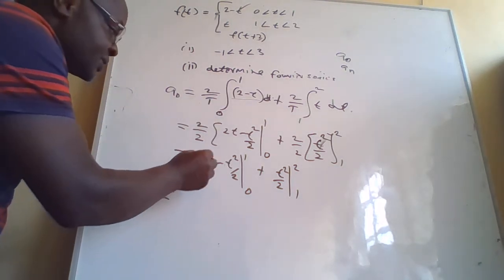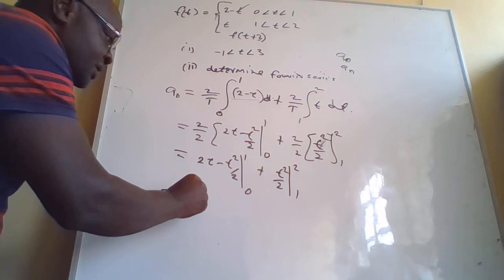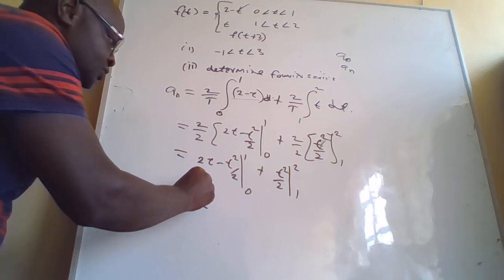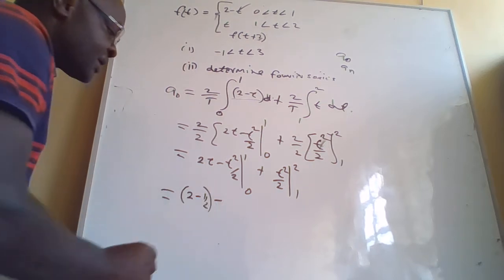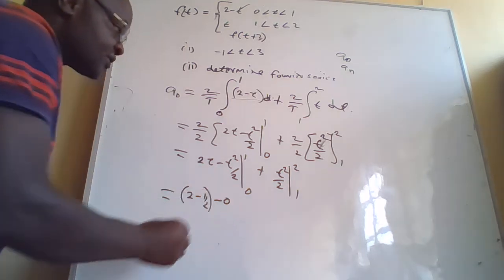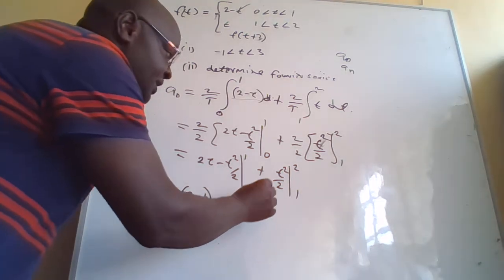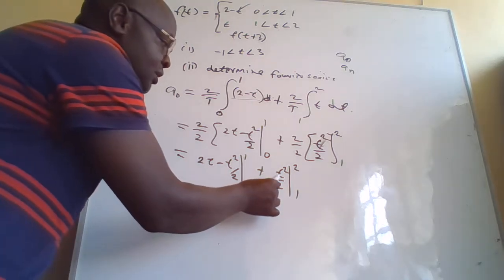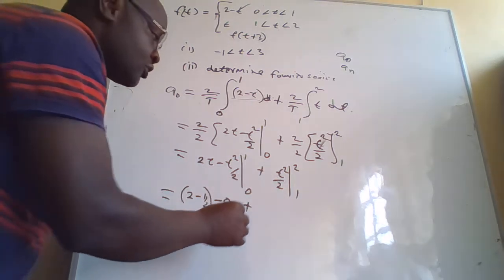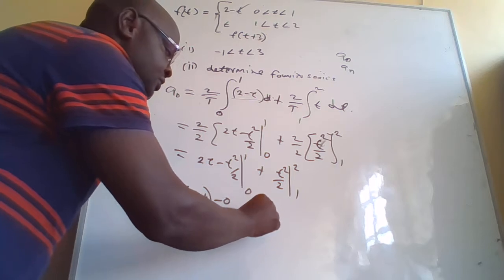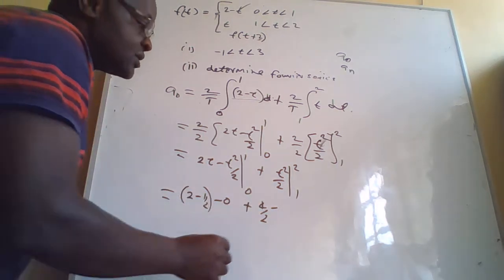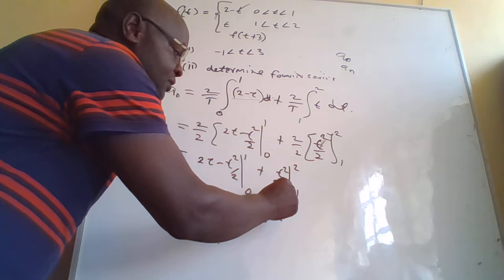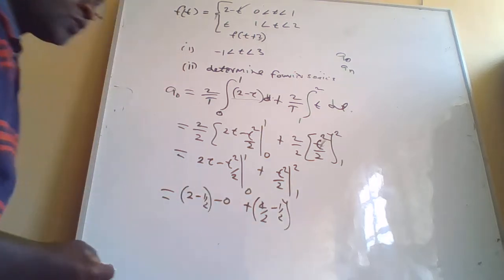So this equals to, we now substitute the limits. We start with 1. When t is 1, we shall have 2 minus 1 over 2. Then minus when t is 0, it will be 0. Then plus, we substitute with the 2. So we have 2 raised to 2 is 4. So we have 4 over 2 minus 1 over 2.